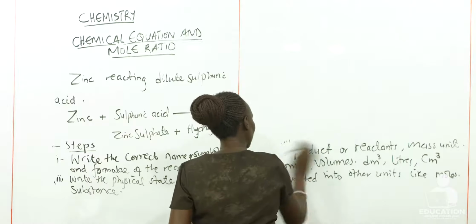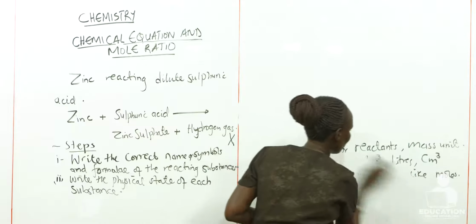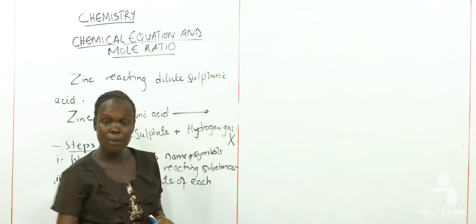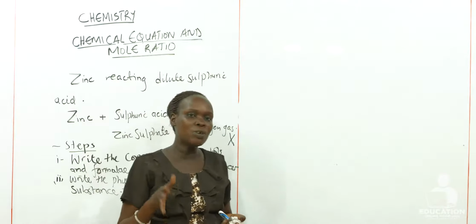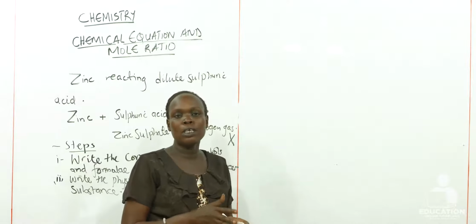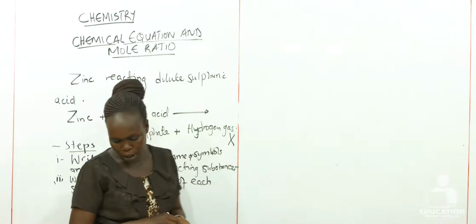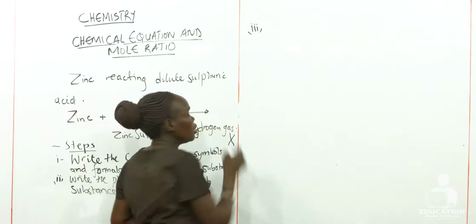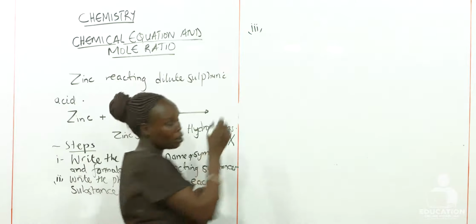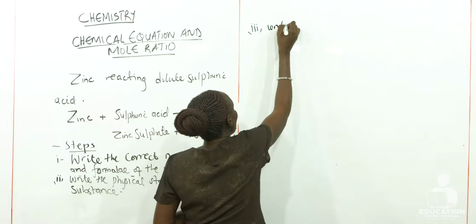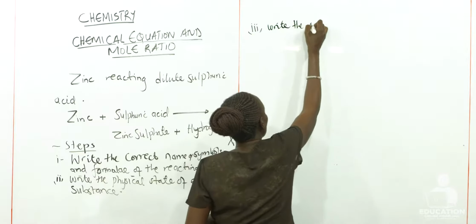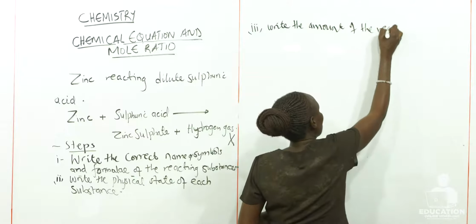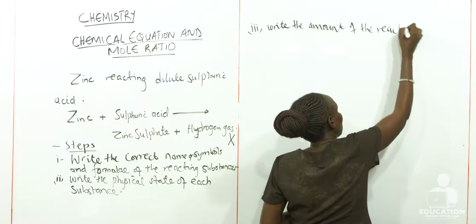You need to know the amount of the reacting substances so that you can represent them clearly, because without knowing the amount of the substances reacting, your chemical equation will not be written correctly.